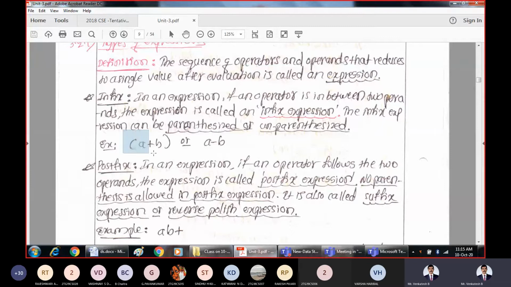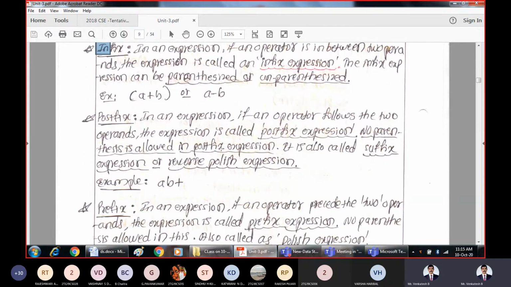This is one expression. In this expression, plus is an operator which is coming between two operands A and B. Another expression, minus is an operator, A and B are operands. So minus is coming in between A and B. So this is called an infix expression. You should remember these terms. In indicates that in between two operands, the operator will come.